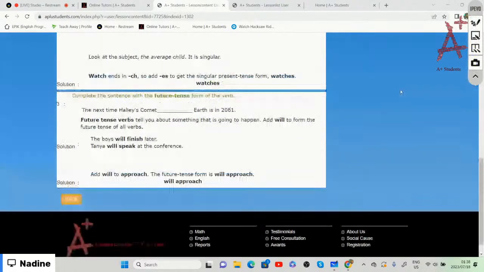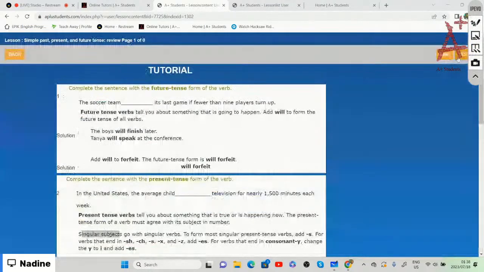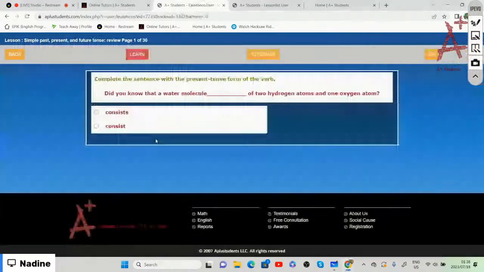All right, so now we're going on to our test on simple past, present, and future tense. We need to complete the sentence with the present tense form of the verb. So present tense, and remember with present tense, keep in mind whether it is singular or plural.